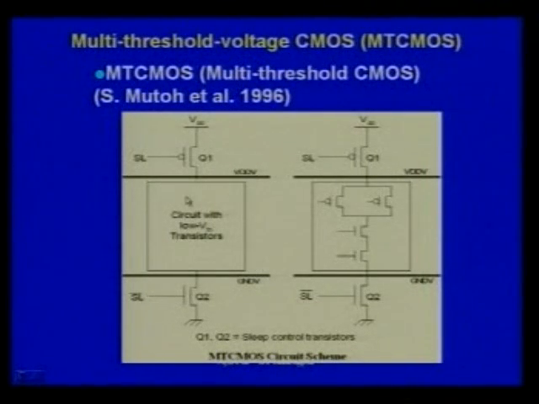Another approach is you can insert additional high VT transistors in series. Here you can see in between the supply voltage and the virtual supply voltage, you have applied a high VT transistor. Here also you have used a high VT transistor, and these high VT transistors are on in the normal mode of operation.